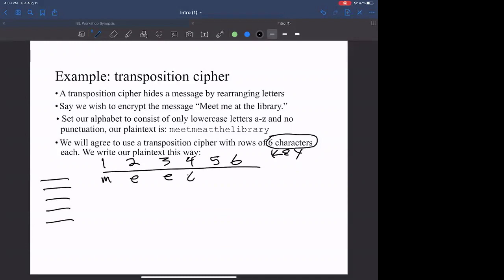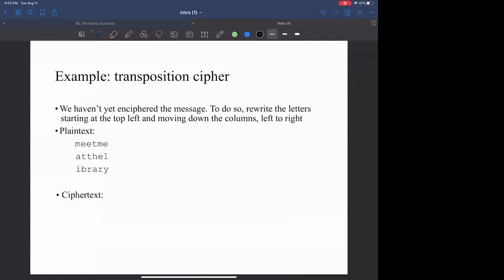So meet me, at the, library. All right, so we just simply write out our message in a slightly different format. So here I've got it written a little bit neater.